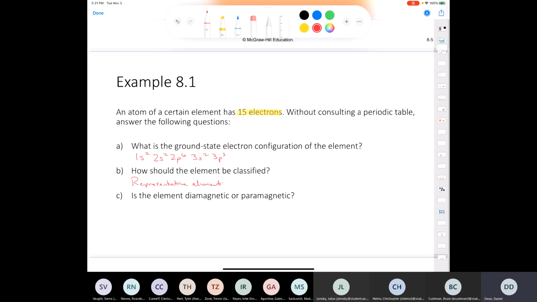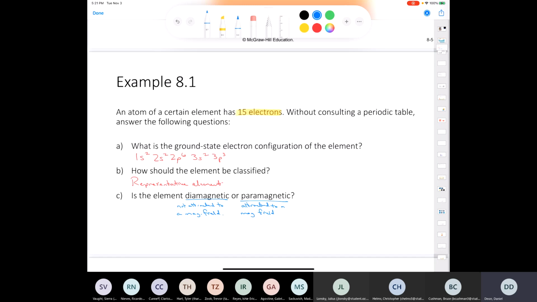and then the next part says, is this element diamagnetic or paramagnetic? Remember that when it's diamagnetic, it's not attracted to a magnetic field, okay? And if something is paramagnetic, it means attracted to a magnetic field.